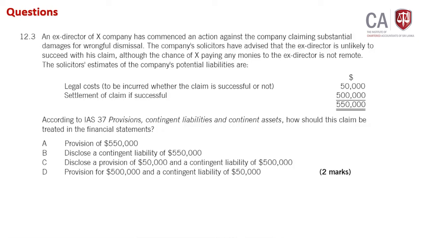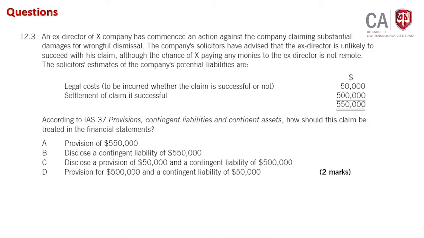The company solicitors have advised that the ex-director is unlikely to succeed with his claim. Although the chance of X paying any monies to the ex-director is not remote, underline the words, not remote.